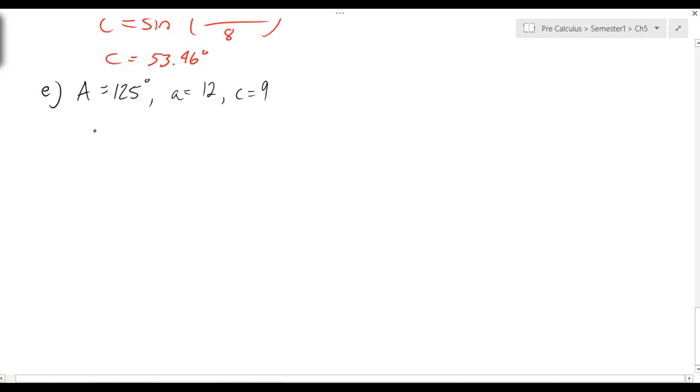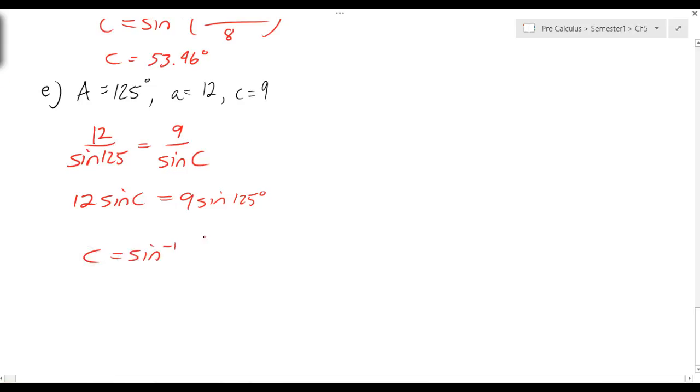Okay, so we'll start with A over the sine of A equals C over the sine of C. So if we cross multiply, we get 12 sine C equals 9 sine of 125 degrees, which means C is equal to the inverse sine of 9 sine 125 divided by 12.